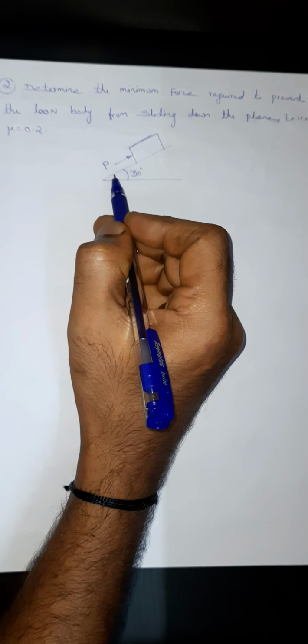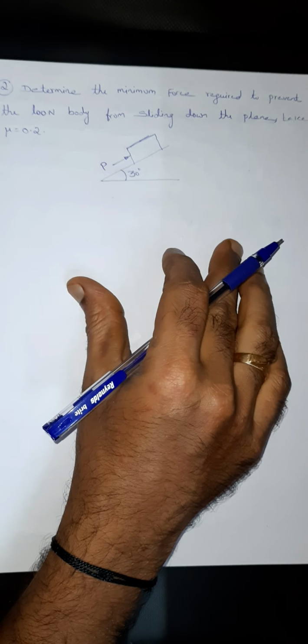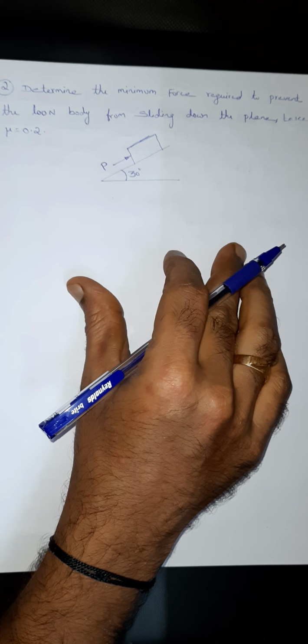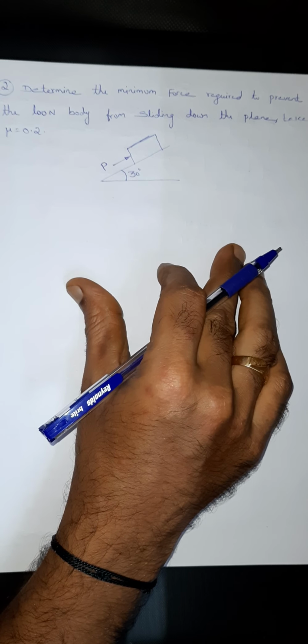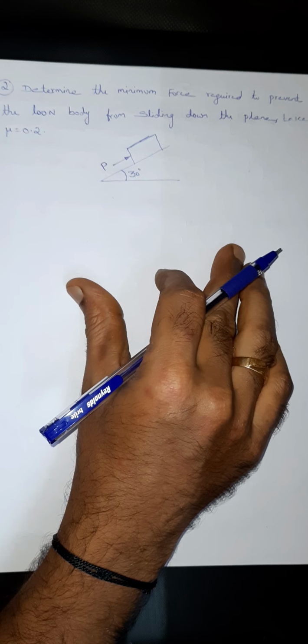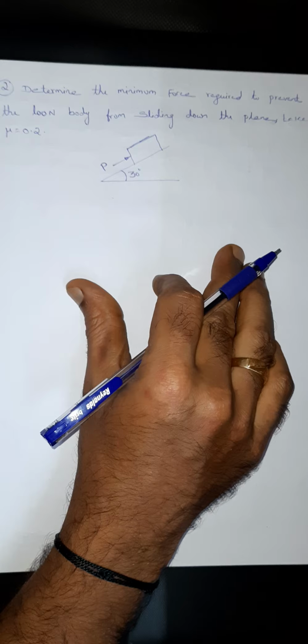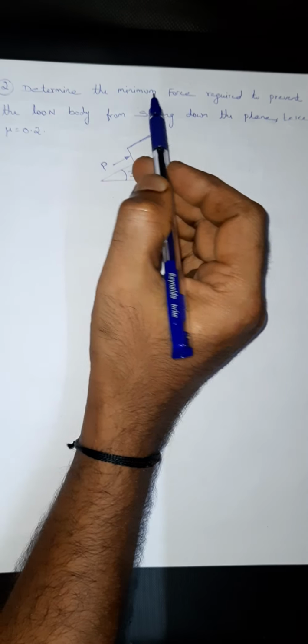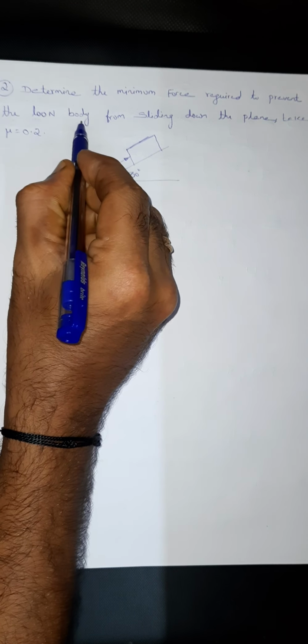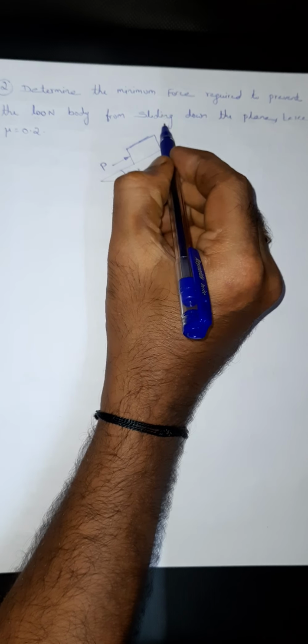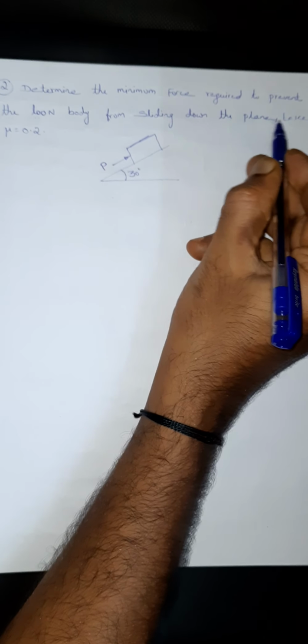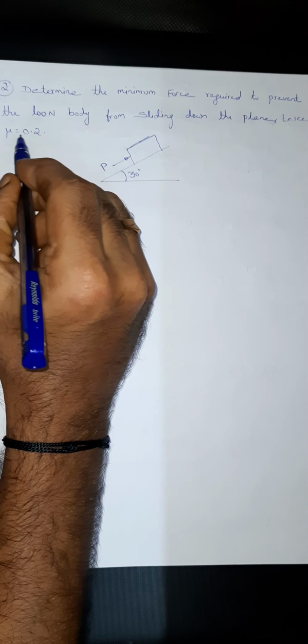Let me read out the question first, to help you understand what inputs are given, how much data we can extract from the question, and what to find. Determine the minimum force required to prevent the 100 Newton body from sliding down the plane. Take mu equal to 0.2.